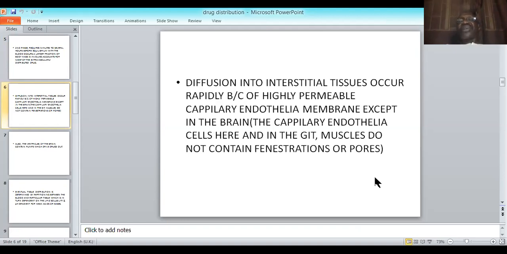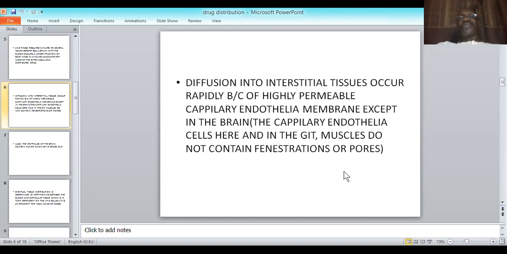except in the brain, in the GIT and muscles. Why? Because in the brain, the GIT, and the muscles, the interstitial space does not contain fenestrations or pores, whereas the interstitial spaces of the other tissues contain fenestrations or pores. So the drug will just diffuse there.